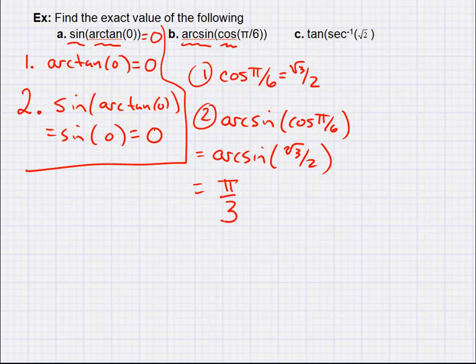Why? Because the y-coordinate for pi thirds is square root of 3 over 2. So the sine of pi thirds is square root of 3 over 2. Therefore, the arcsine of square root of 3 over 2 goes back to pi thirds. So this thing is pi thirds as a whole. Okay. All right, one more.